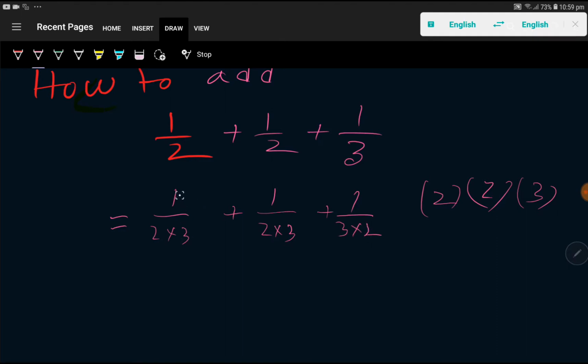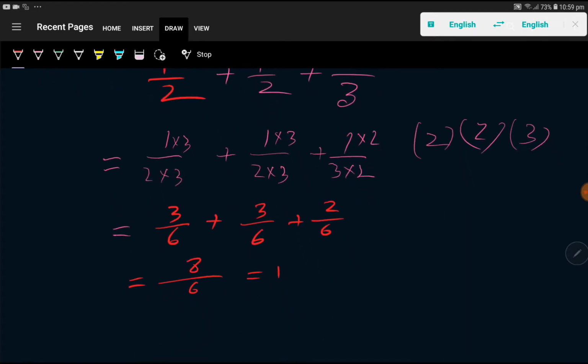If you do something to the bottom, then the same thing comes to the top numerator, right? So we are getting 3 over 6 plus 3 over 6 plus 2 over 6. So we are getting 3 plus 3 plus 2, 8 over 6.